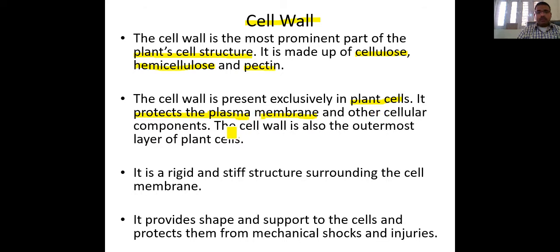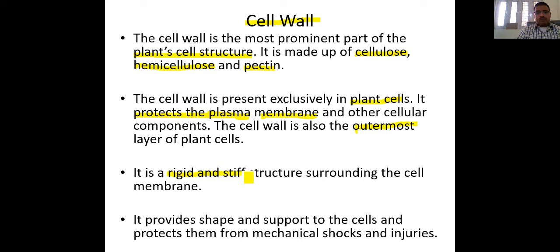The cell wall is also the outermost layer of the plant. That means in the case of the plant, before the plasma membrane there is a cell wall, and that cell wall is the outermost layer of the plant cell, and it is a rigid and stiff structure. It provides rigidity and stiff structure surrounding the cell membrane.